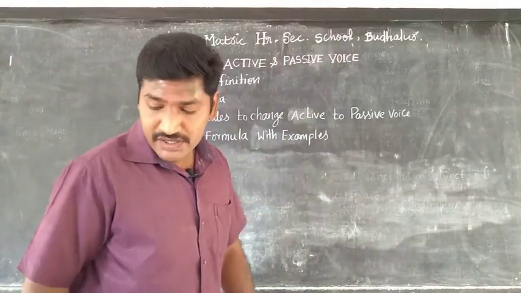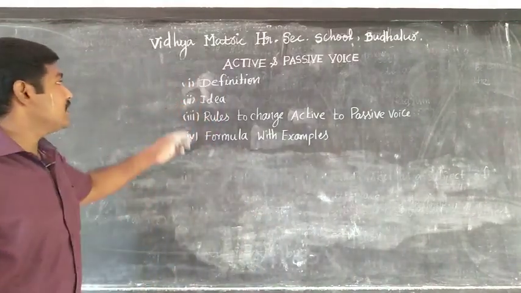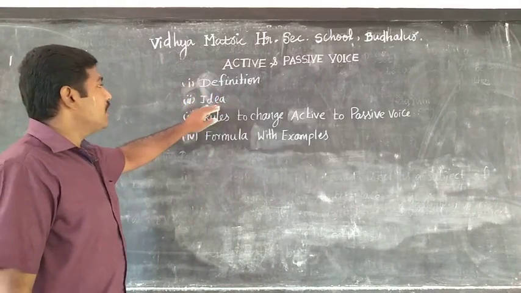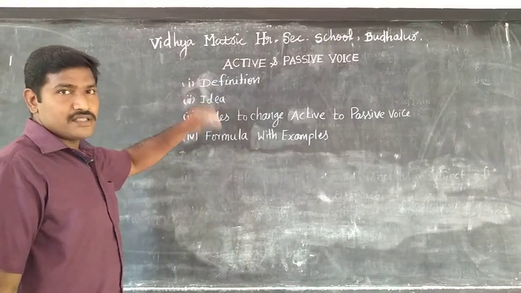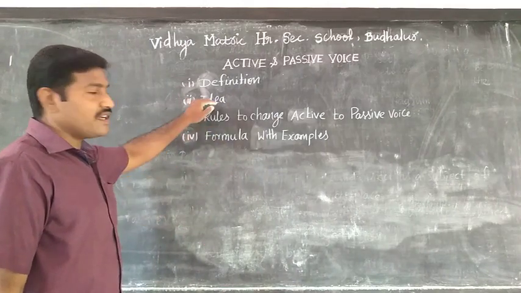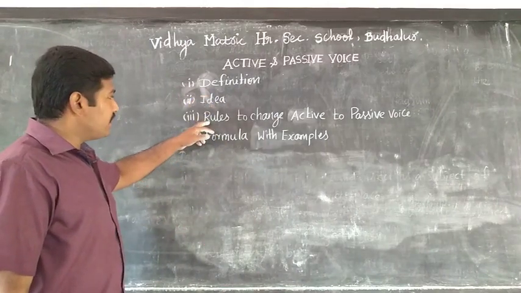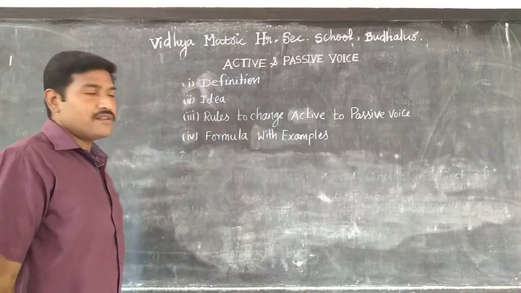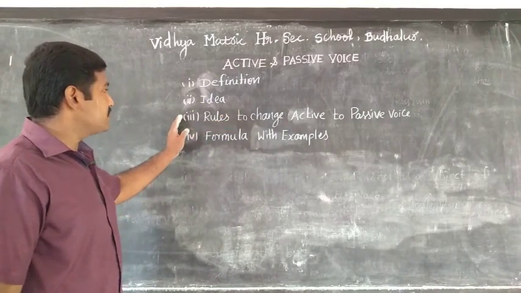So we have finished the steps. The definition we have seen now. The idea of how to identify whether the sentence is active or passive voice, we have seen now, and also we have seen the rules to change active to passive voice. We have finished now.